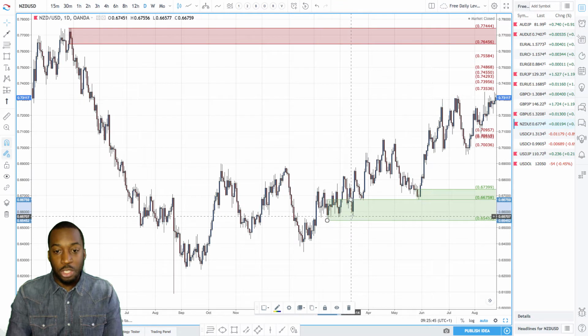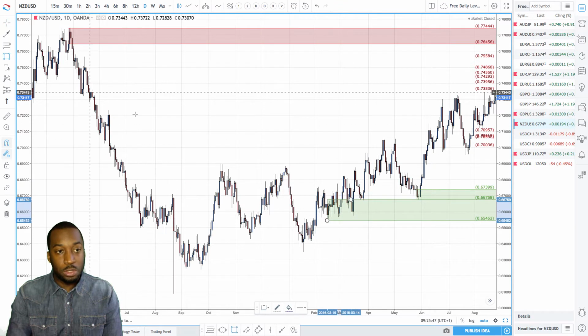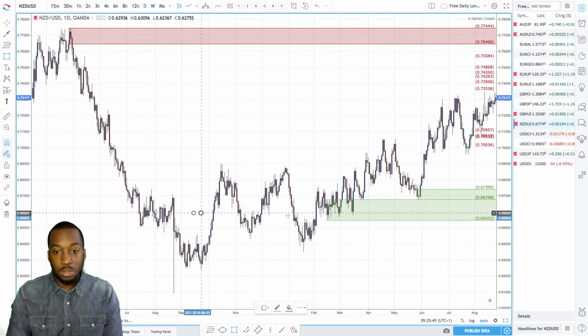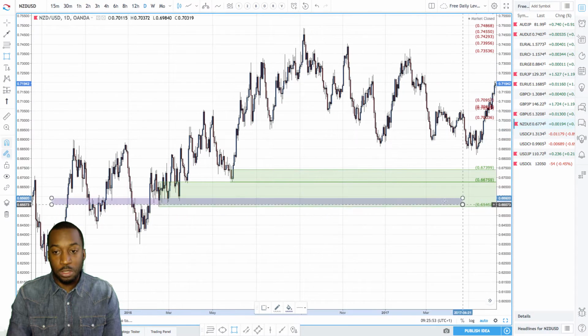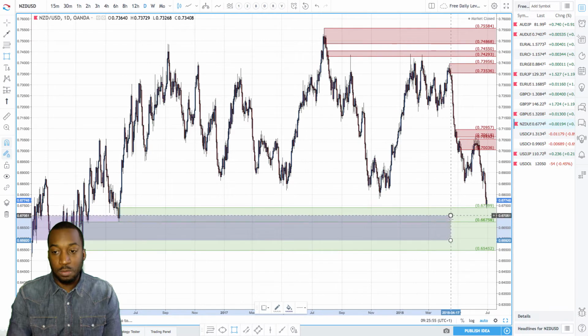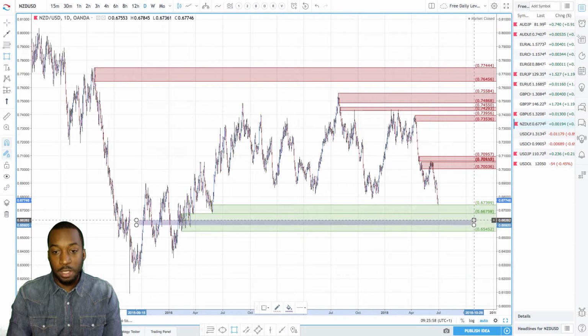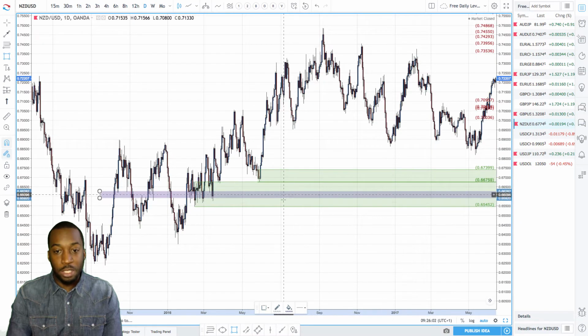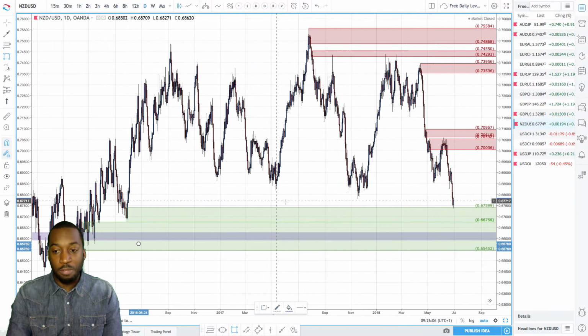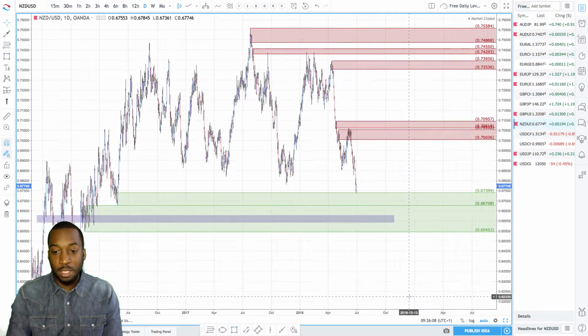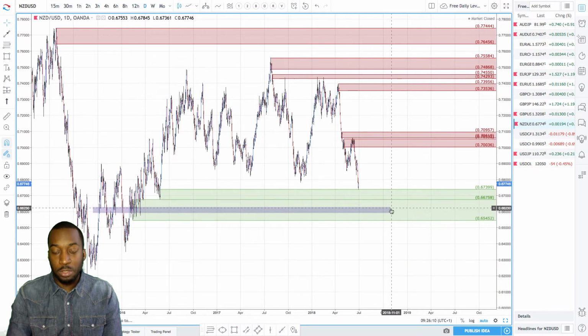What you do is you'd look for horizontal support and resistance as confluence. You can see that we had some support and resistance within that demand zone. So that's the area that I would be looking within, the 66 round number just above.